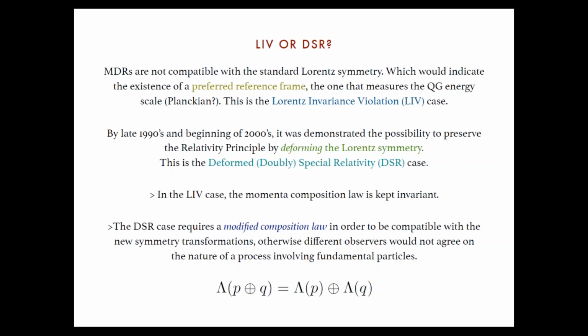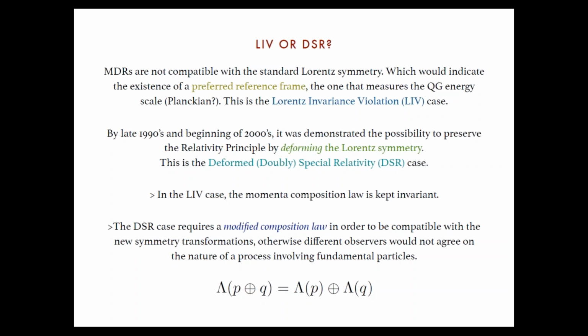And on the other hand, you can think about doubly special relativity, a deformed version of special relativity, in which the Lorentz transformations are deformed in a nonlinear way, such that it can preserve the form of the modified dispersion relation.